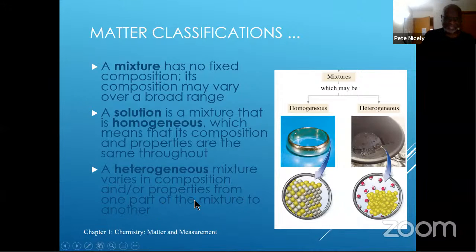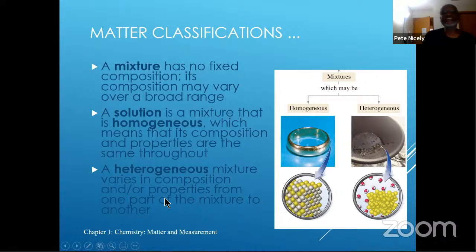There are several examples of heterogeneous mixtures. For example, oil and water. If you mix oil and water, we know from our everyday experience what will happen. The oil will settle at the top and the water will go below. And one can see a boundary between the two. So that's an example of a heterogeneous mixture.